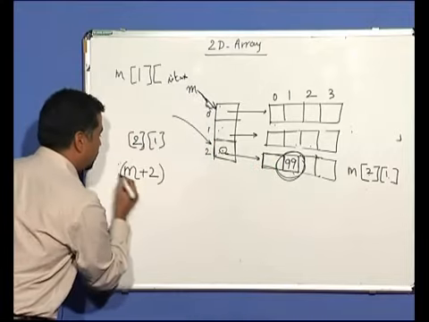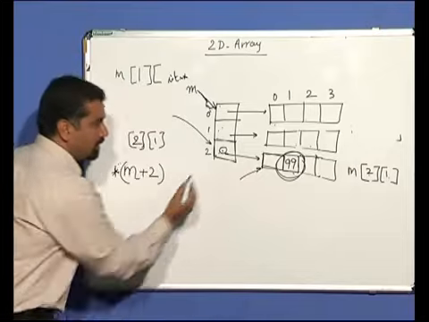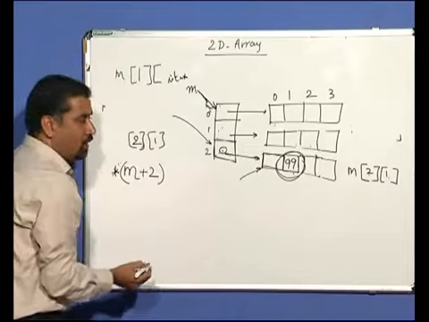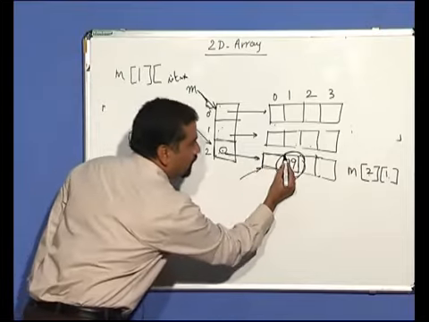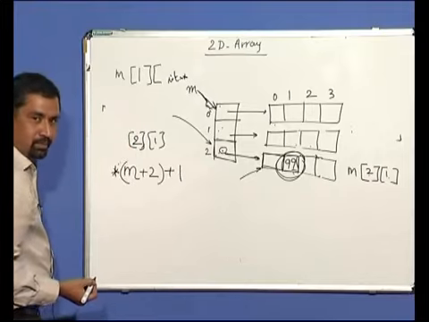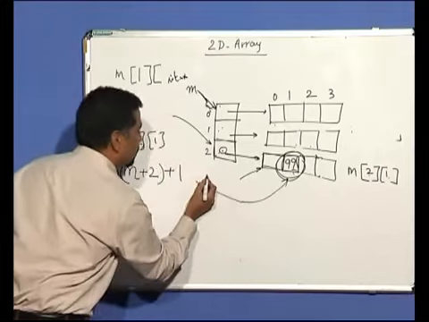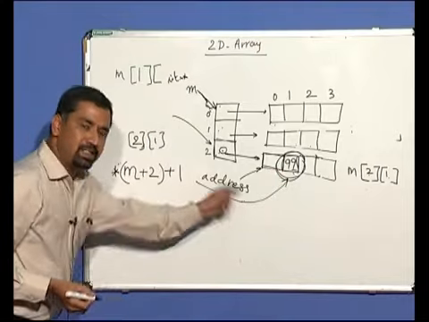Simply I put star in front. That will give me the address of this, or this, both same. Once I have the address of this, I need to get here. If I know the address here, just go to the next element, which is simply plus 1. So this notation here gives me the address of the desired element.